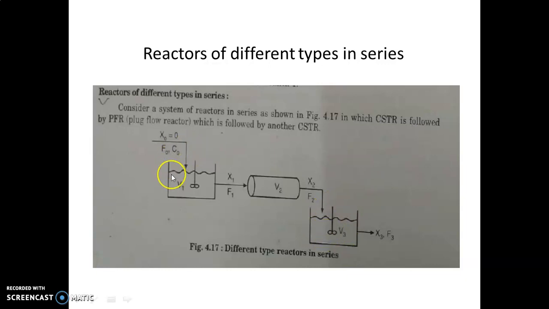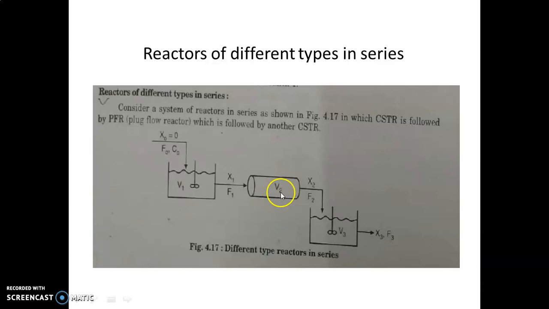So in this case, F0 is the molar flow rate, C0 is the concentration of limiting component A, and X0 is the initial conversion. After the reaction takes place, we obtain X1 conversion and F1 molar flow rate. This is fed to the second reactor, which is the plug flow reactor.